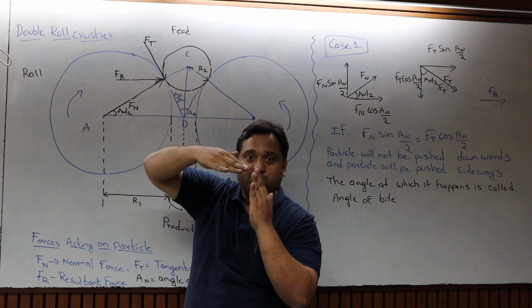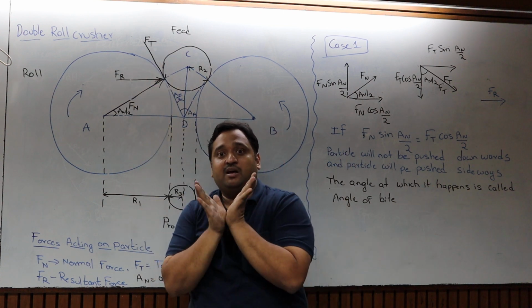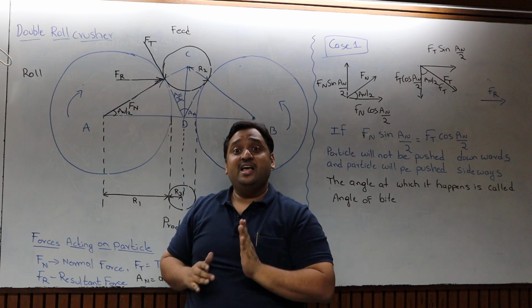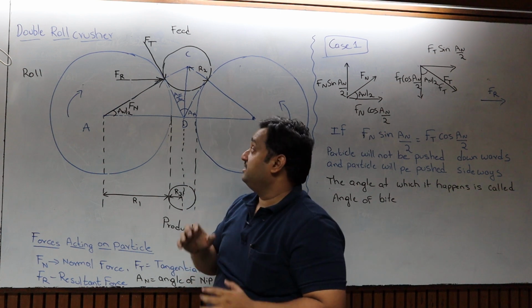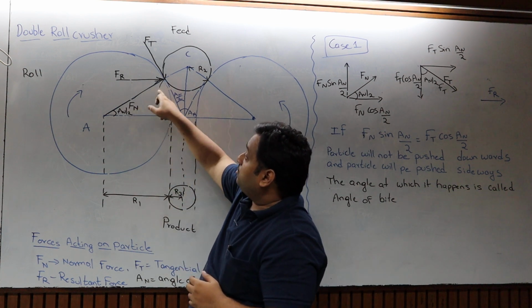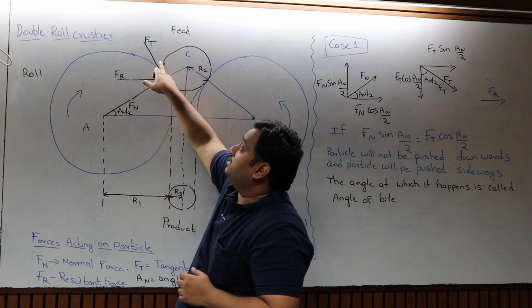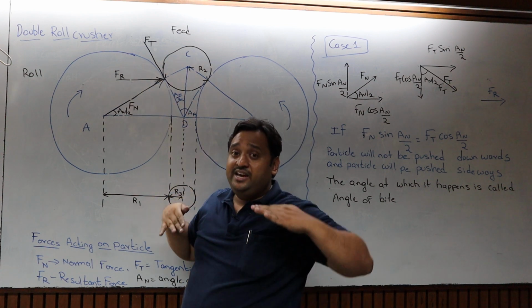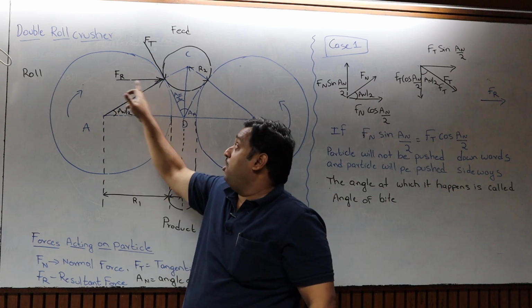Because of these forces, one resultant force will come, because one force is acting in this direction, another force in this direction, so the resultant acts in another direction. Similarly on the other side. The resultant need not always be a horizontal line.